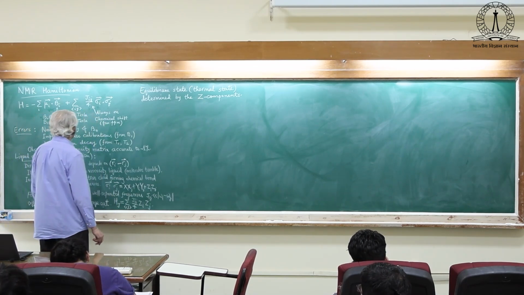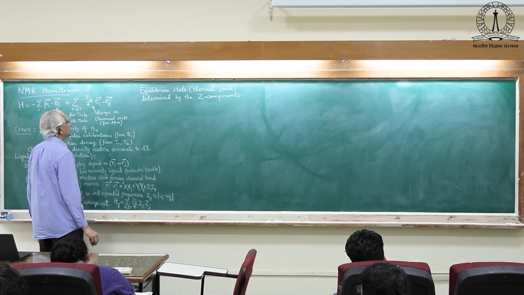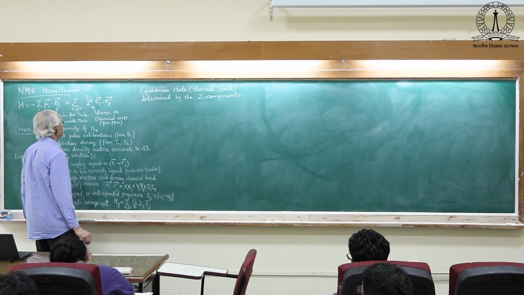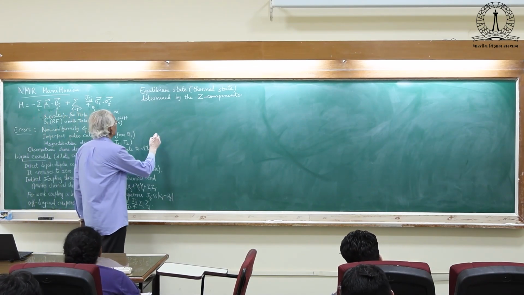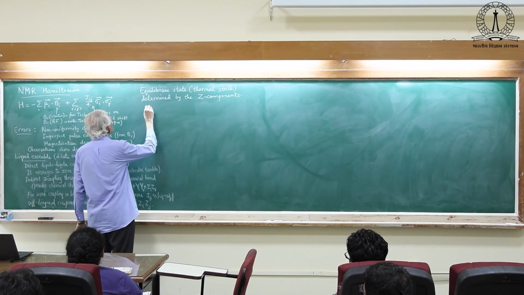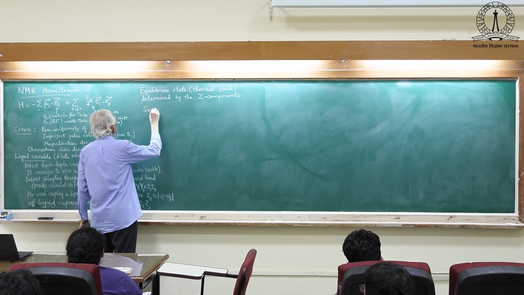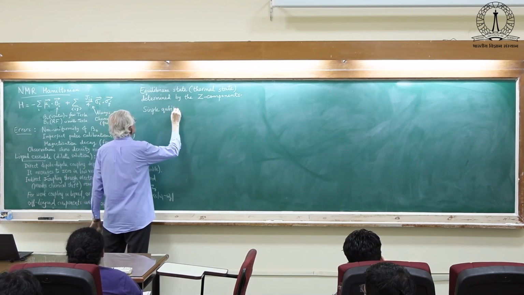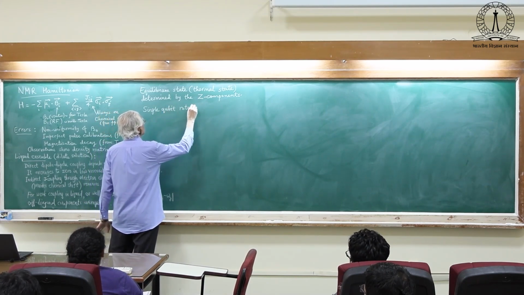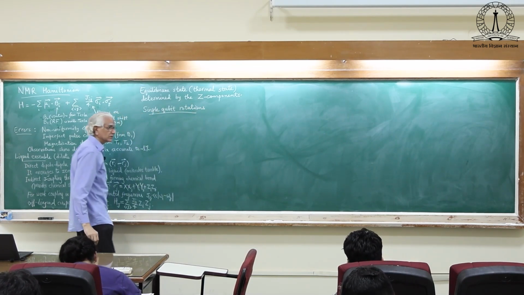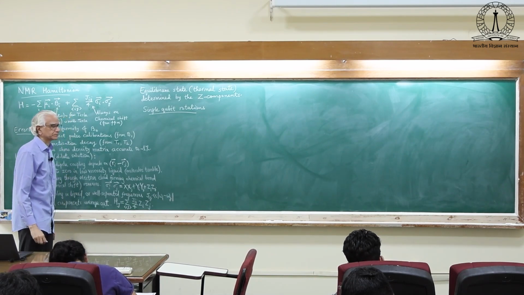Fine. So this is a kind of summary, and now we can address individual components of the algorithm one by one. So the simplest thing is to look at single qubit rotations.